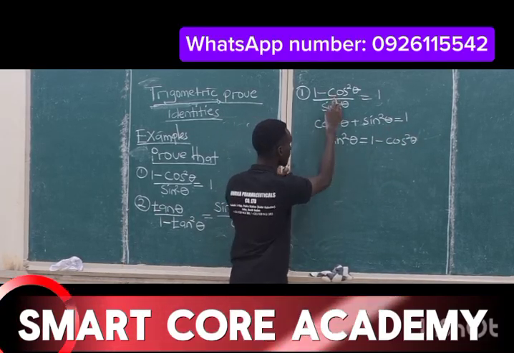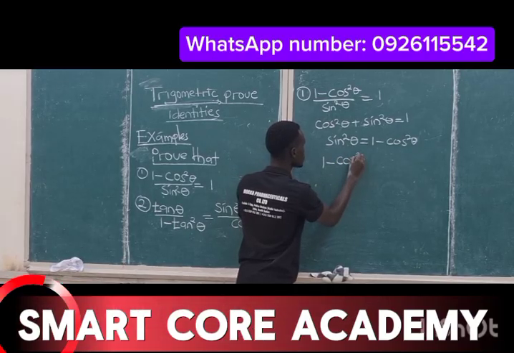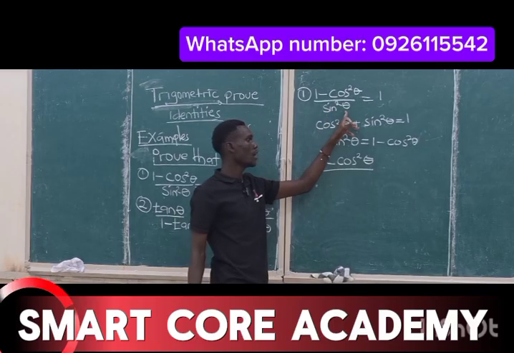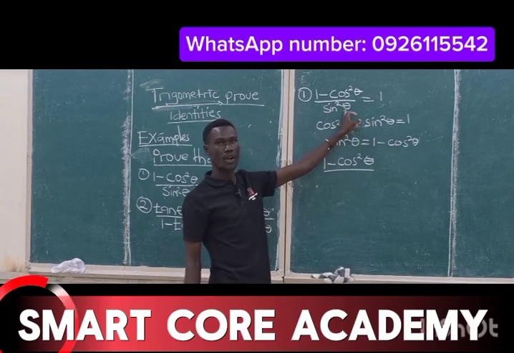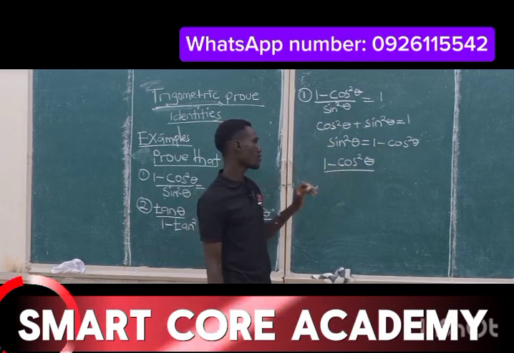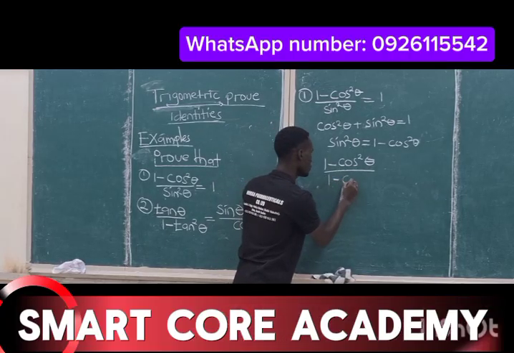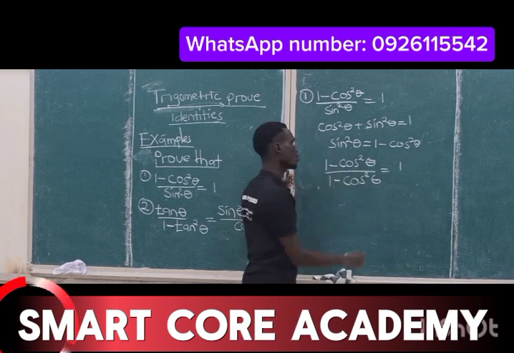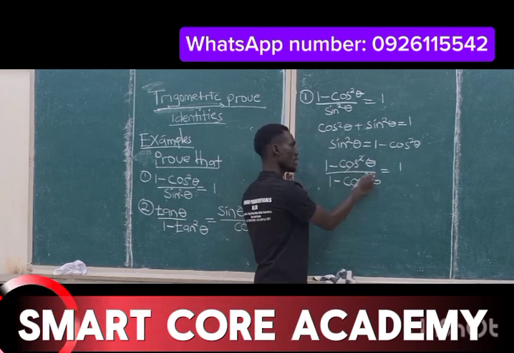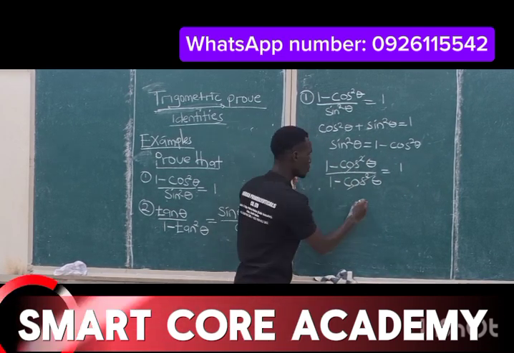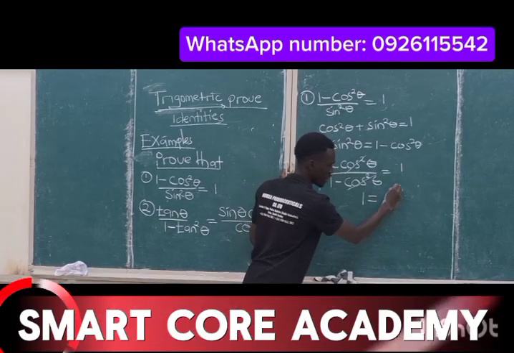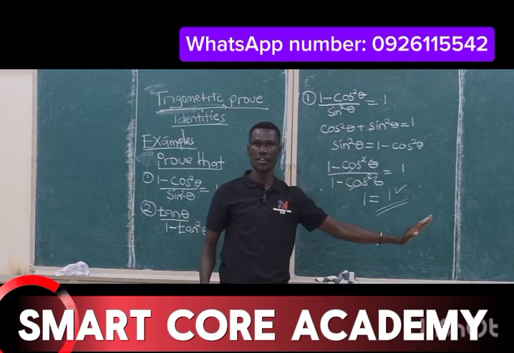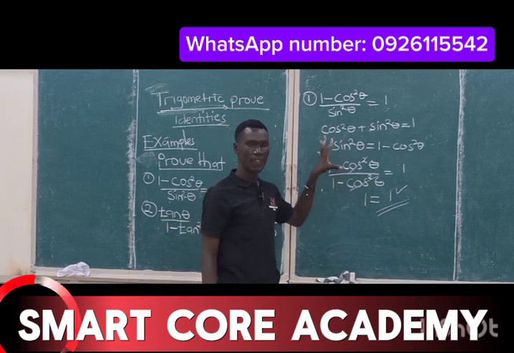Say that 1 minus cos square theta all over sine square theta, which we replace with 1 minus cos square theta, as being equals to 1. When we cancel this and this, we will remain with 1. So 1 is equals to 1 as required. So this side is equivalent to the other side of the equation. So we are done with our example 1.